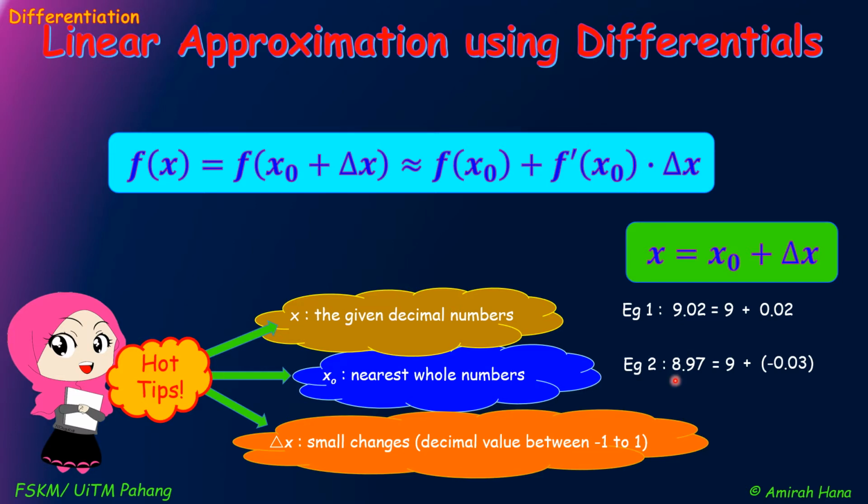Now we look one by one. 8.97 is x, the given decimal number. 9 is x naught, the nearest whole number; the nearest whole number for 8.97 is 9. And -0.03 is delta x.